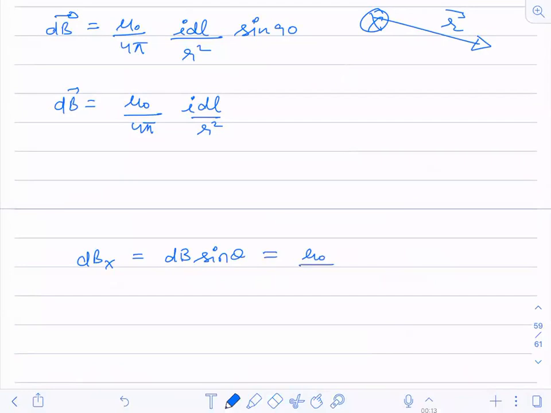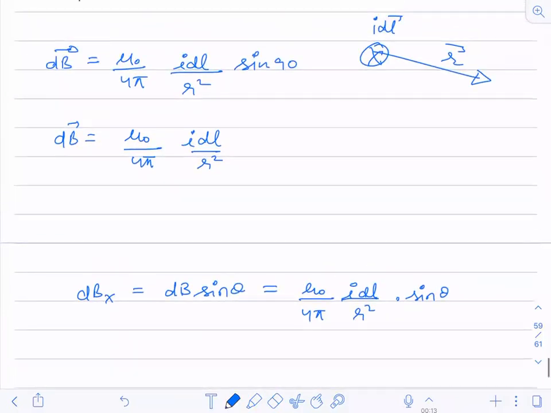It is mu naught by 4 pi, I dl divided by r square, into sine of theta. Is it okay? Fine. Now what is the r square value? Let us calculate that also.